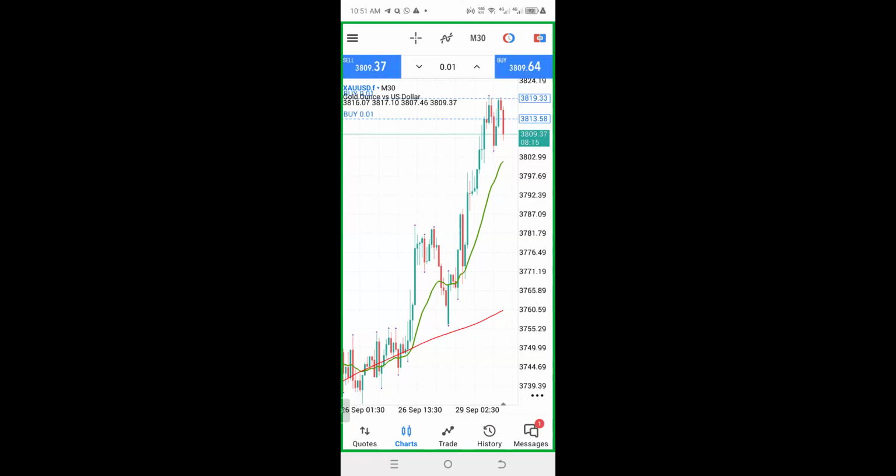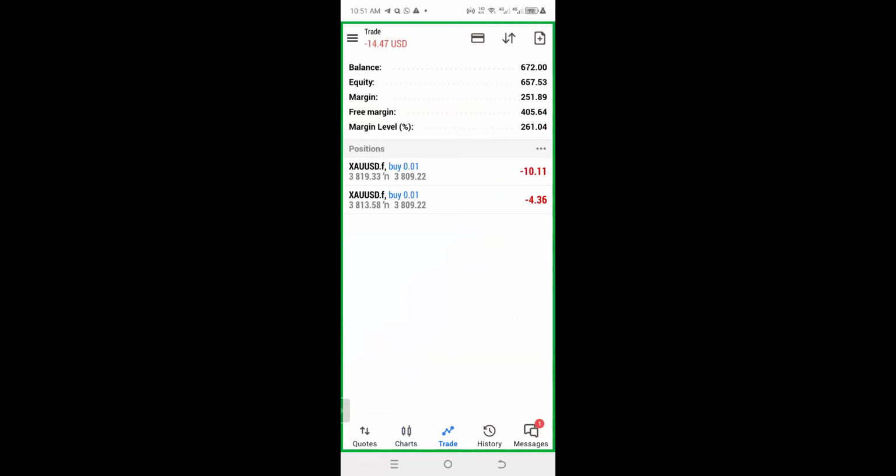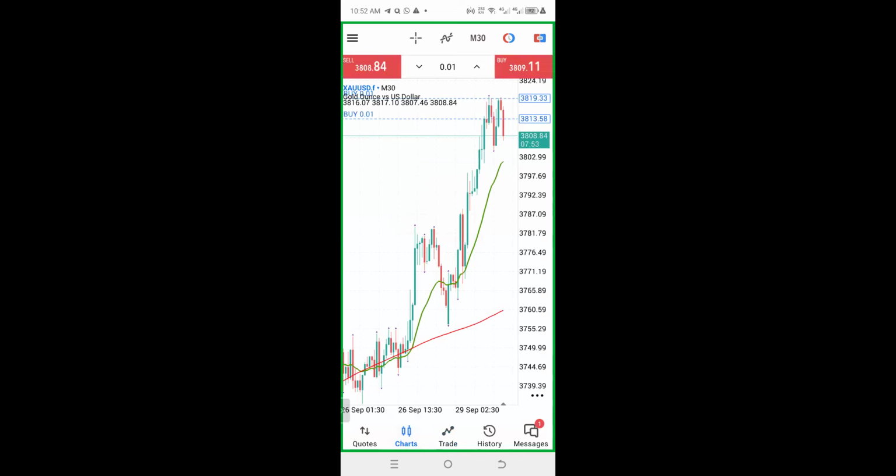But it didn't start going immediately. And when it dropped to 38.13, which is also below 38.14, I put another one. And you can see I have just 2 positions out of 3 positions. And I'm still looking for a better entry.